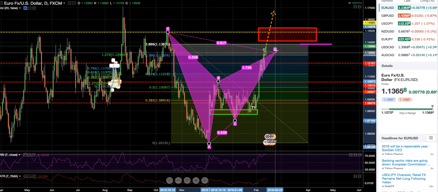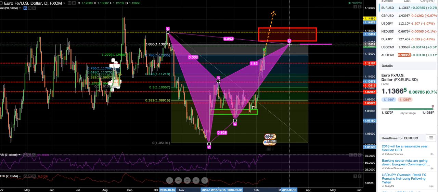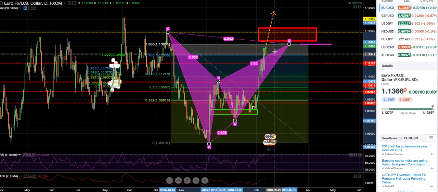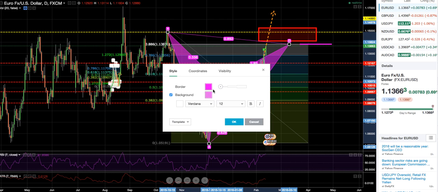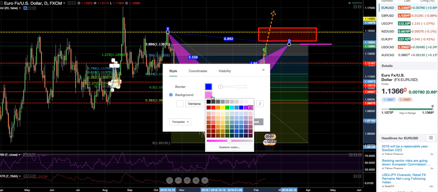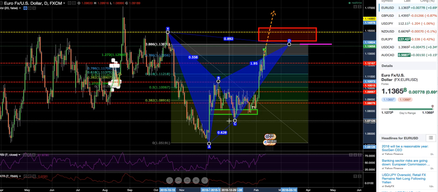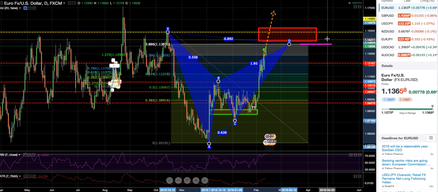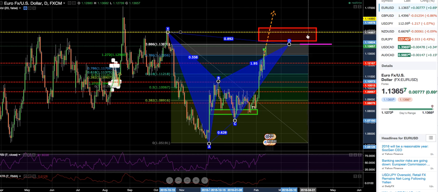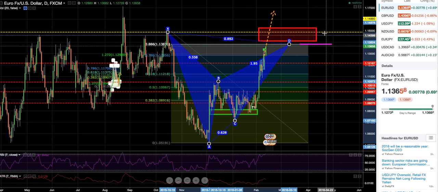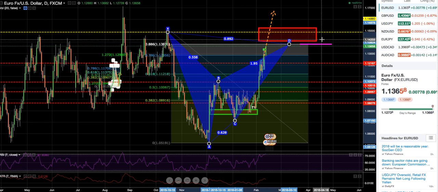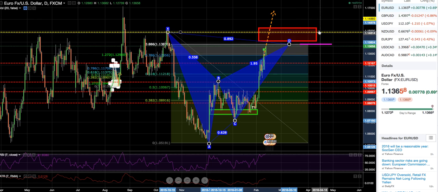But if we do draw it in, it would look something like this. And of course my bats are blue, and it will look something like this. So all in all, this area right here, this is the area on the Euro USD I will be looking out for, right?